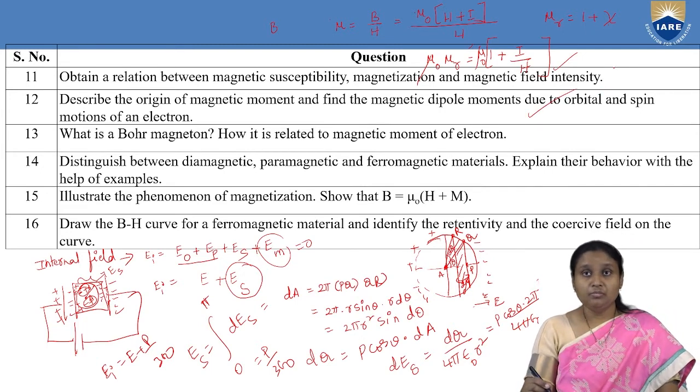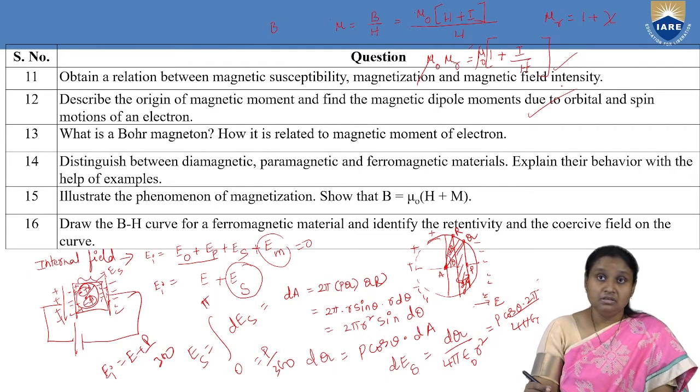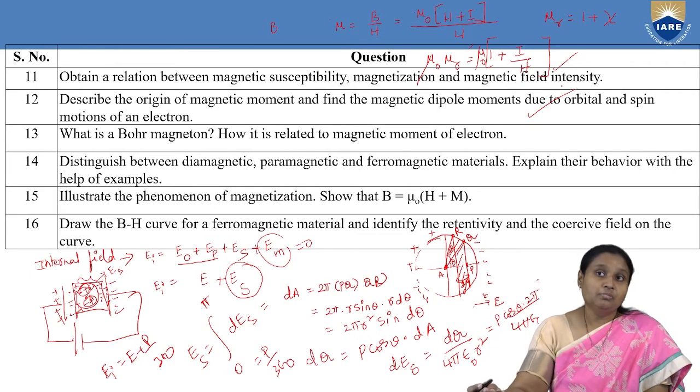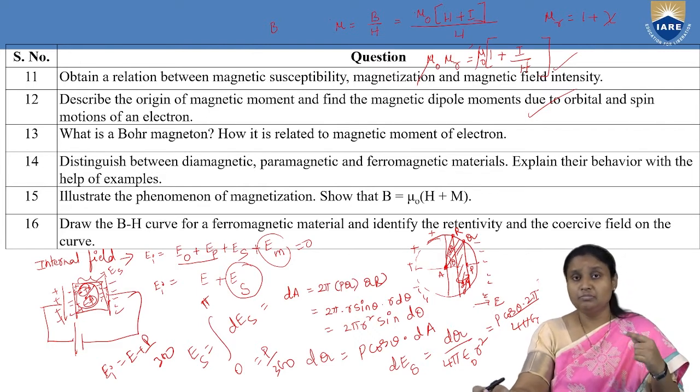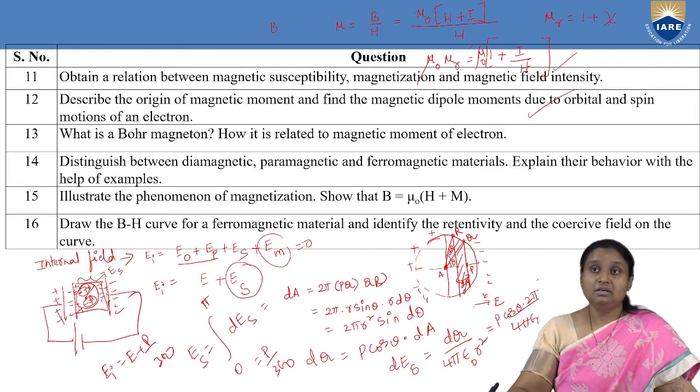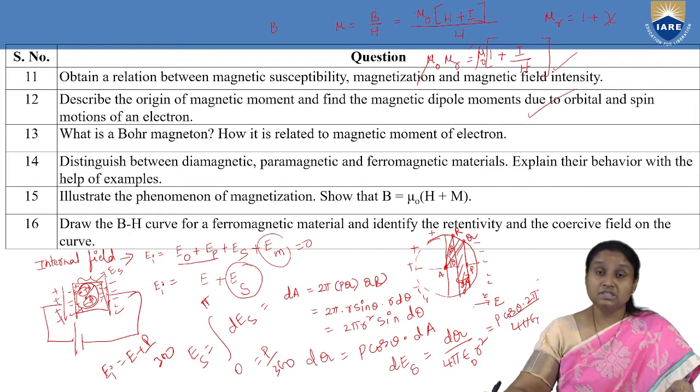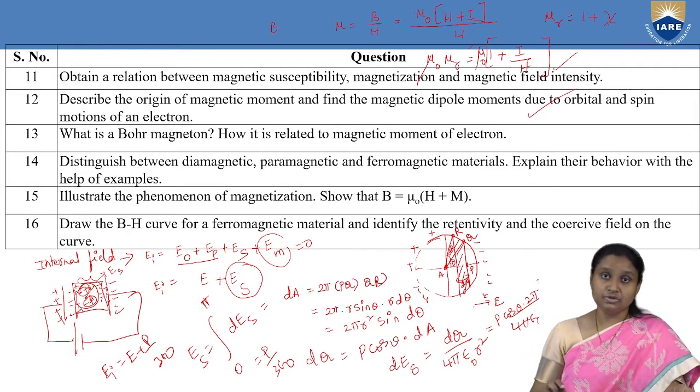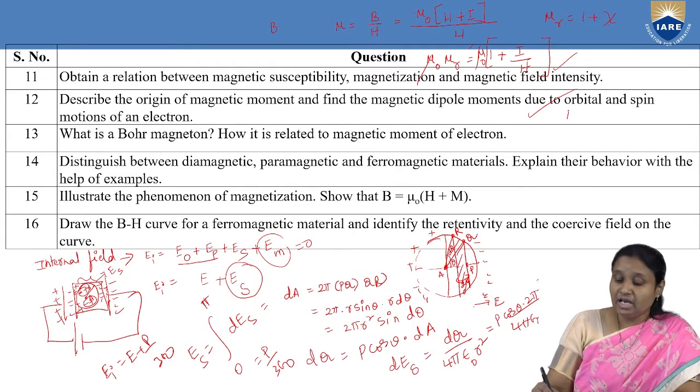Now when we talk about the origin of magnetic moment, one is orbital motion and the other is spin motion. Because of orbital motion, it will act as a current loop, and we know that when current flows in a circular coil, a magnetic field is produced, and because of it, it will have a magnetic moment.